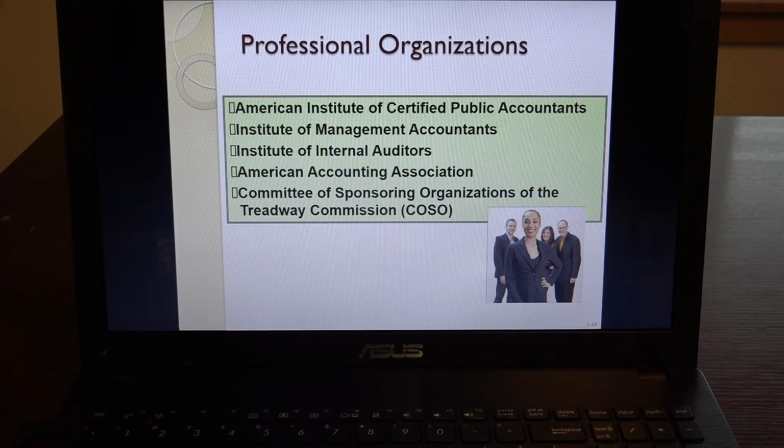For the licensure, you have to pass the exam. And then you have continuing education after you pass the exam. You also have a continuing ethical obligation. So it's kind of important to have ethical CPAs. There's other types of accountants.